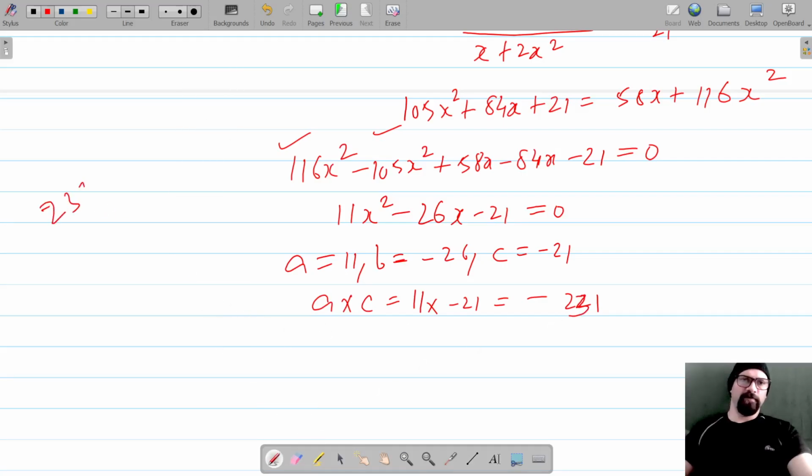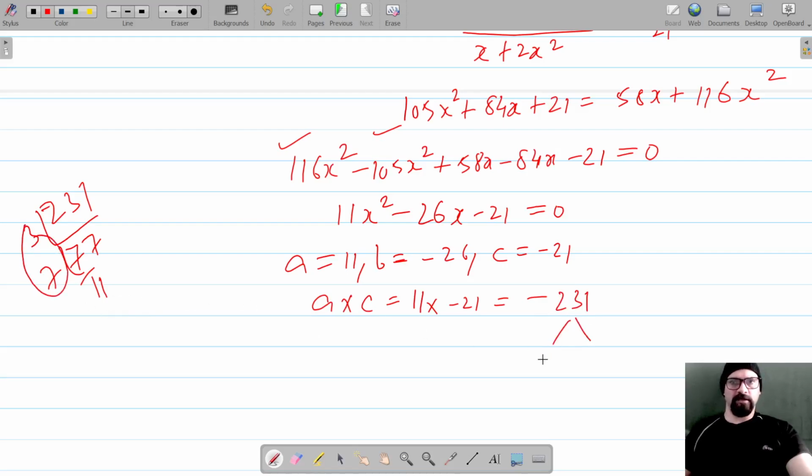Okay, for 231, 3 7s are 21, then 77, and 7 and 11, and this is negative 231. The factors are 21 and 11, or 33 and 7.